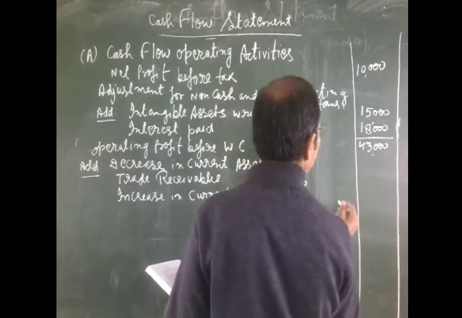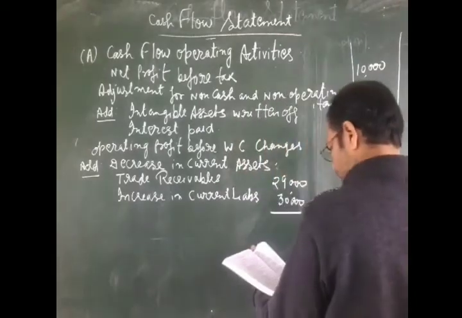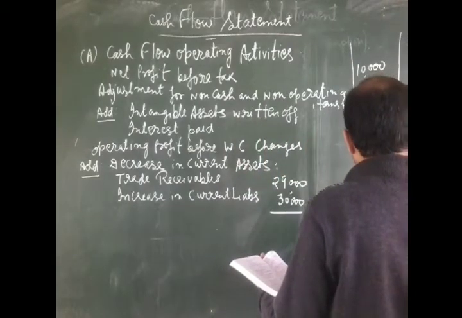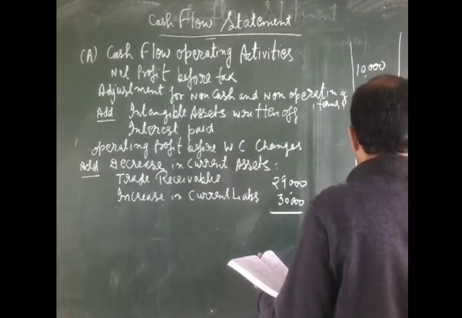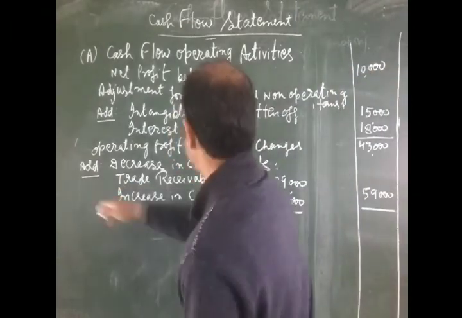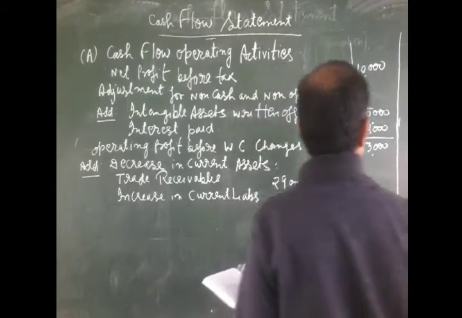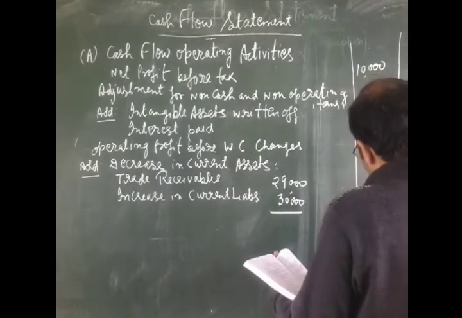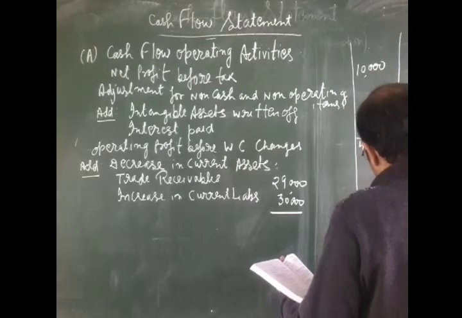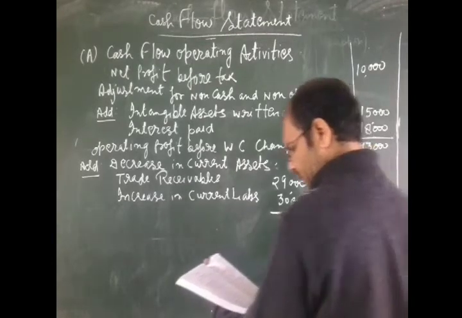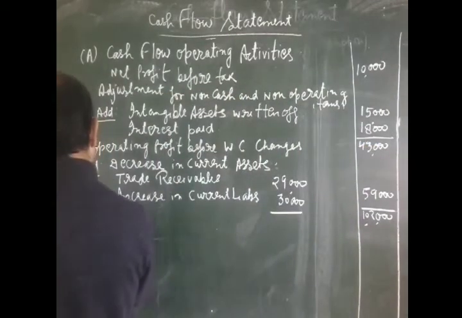In this way we will add all these items, 59,000. Now as it is written here add, so we will add these 59 in 43 and the amount will come 1,02,000.